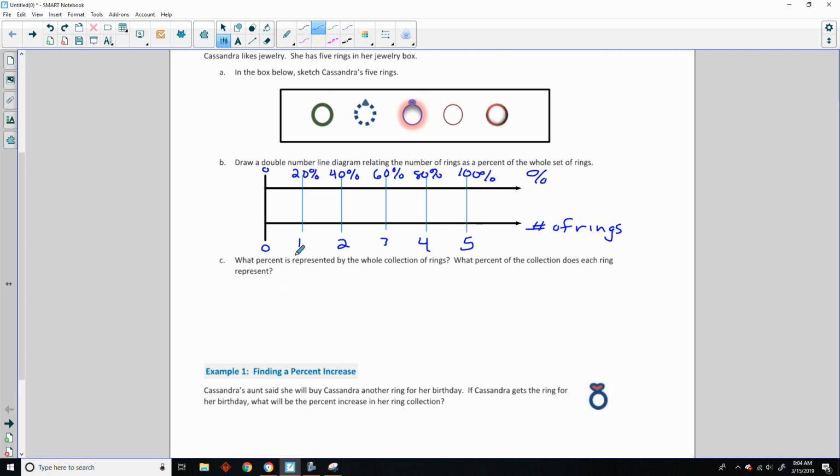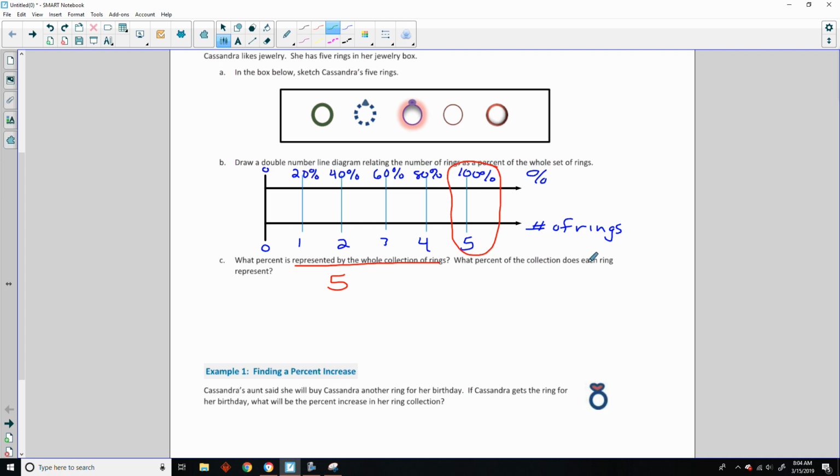Part C says what percent is represented by the whole collection of rings? What percent of the collection does each ring represent? So the percent represented by the whole collection of rings is 100%.